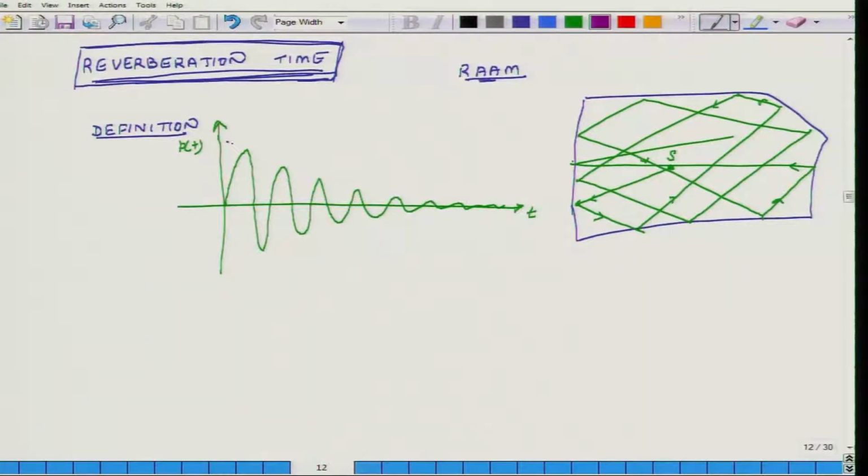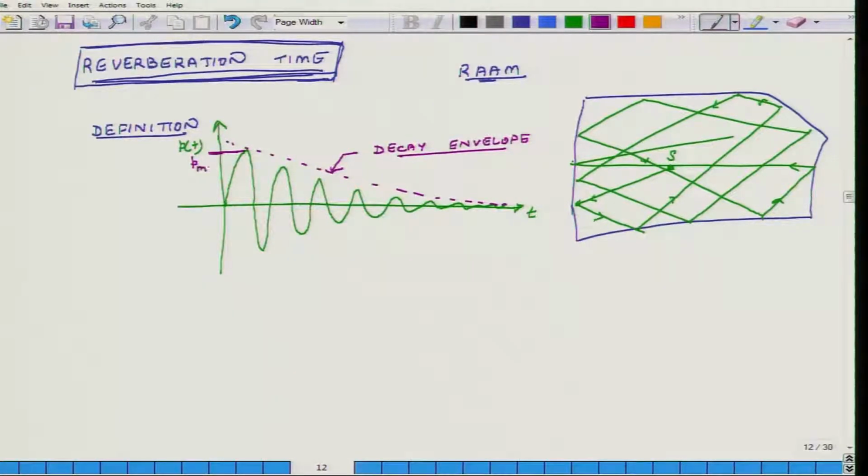So, I can make an envelope, and this is called a decay envelope.